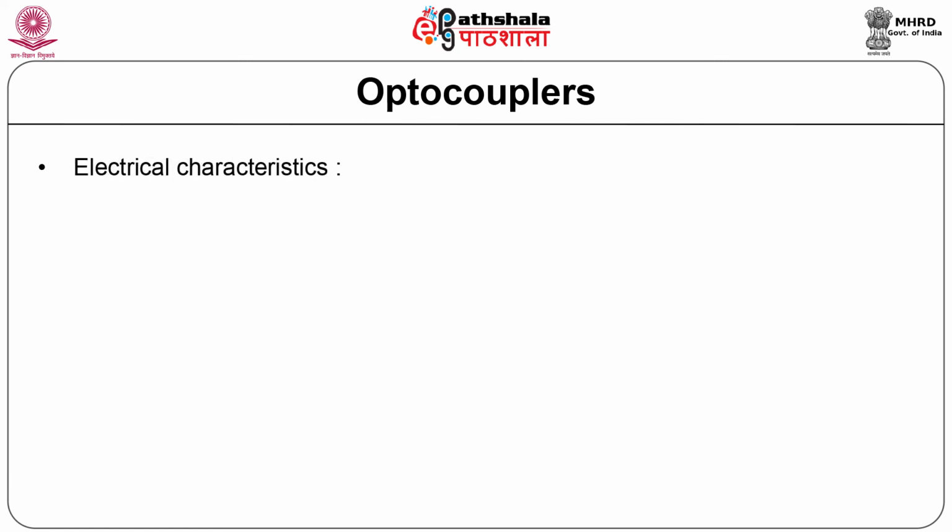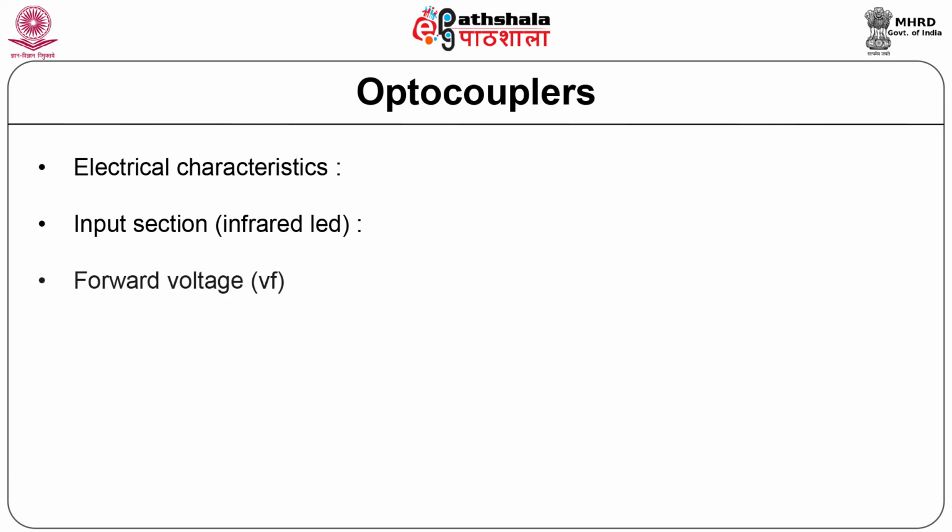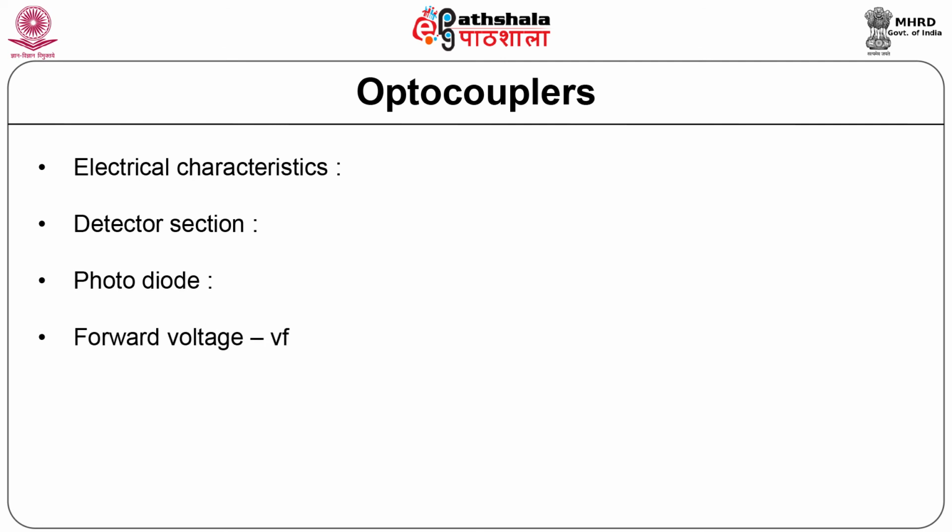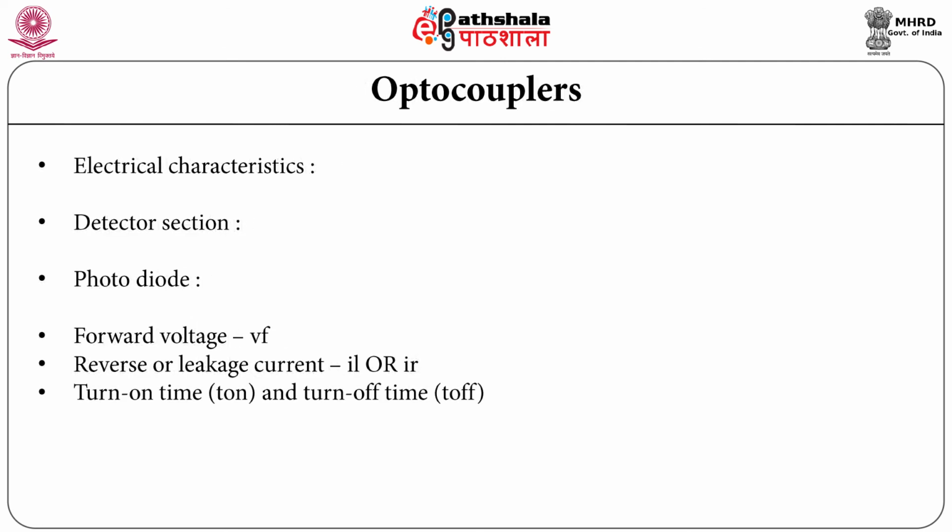If we consider the electrical characteristics of optocouplers, then for the input section: forward voltage, reverse leakage current. For the detector section, if it is a photodiode, then forward voltage, reverse leakage current, turn on time and turn off time.